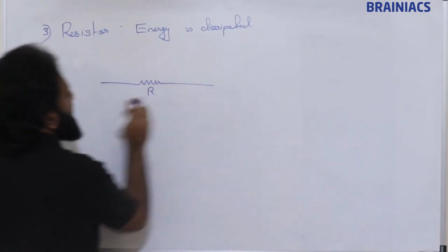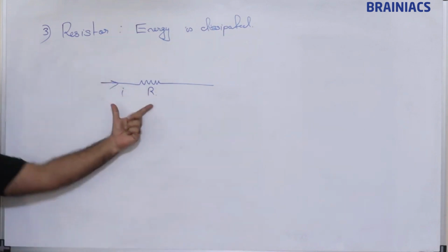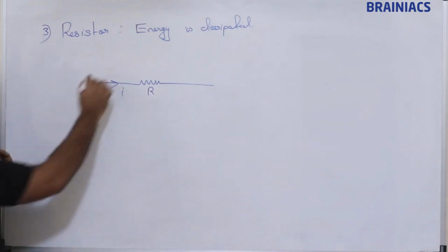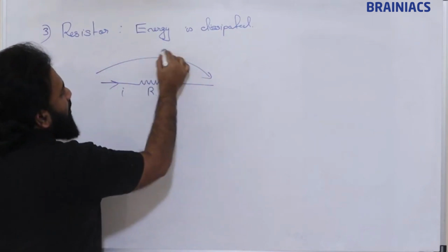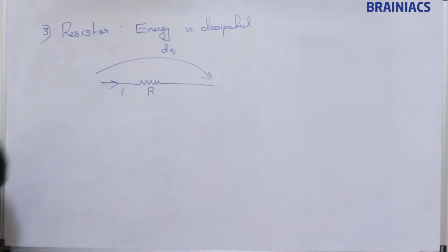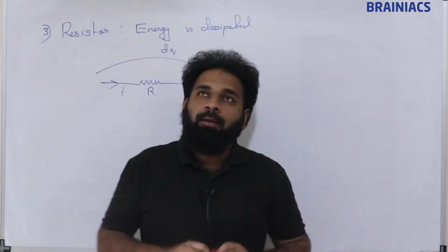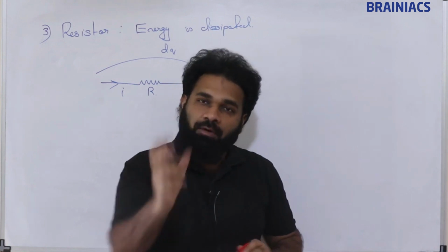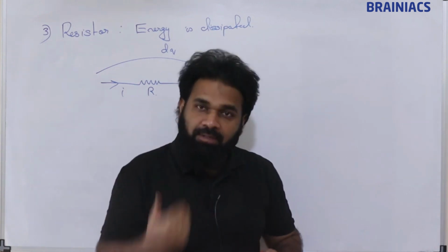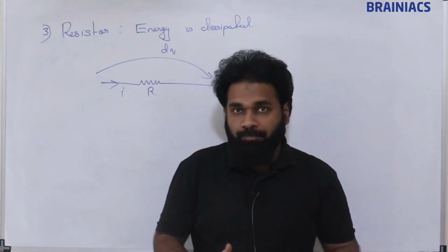If this is a resistor and current is going in this direction, then charge dq will be moving to this end. Suppose voltage V is wasted, or eaten by the resistor, we say there is a voltage drop in the resistor.